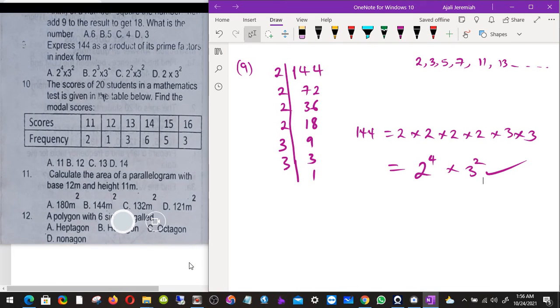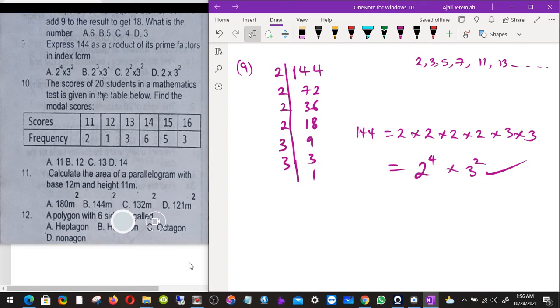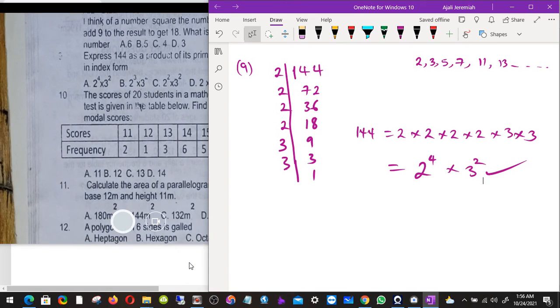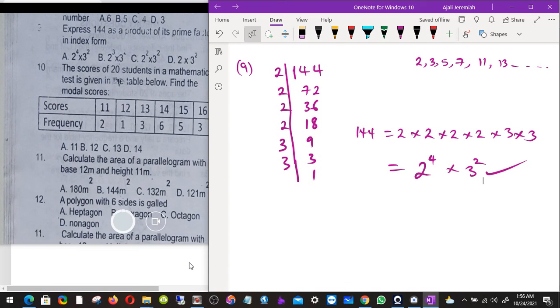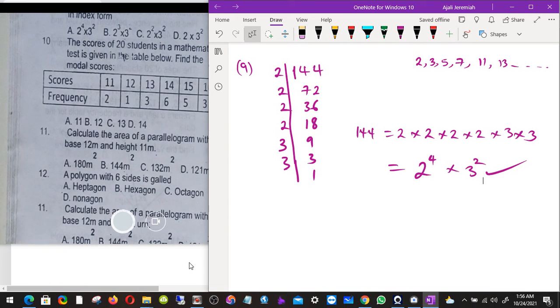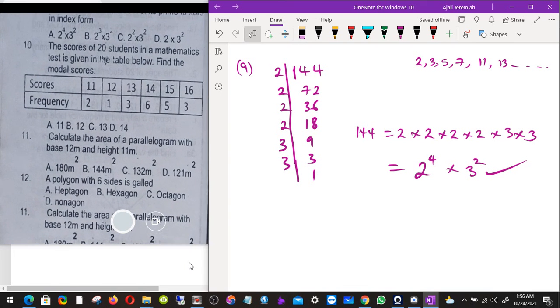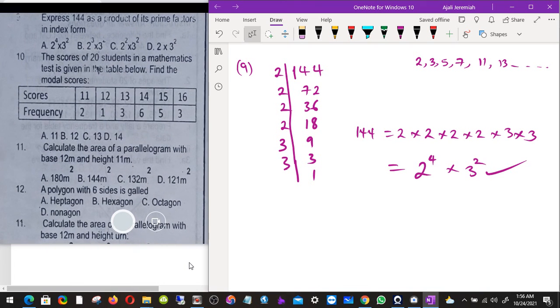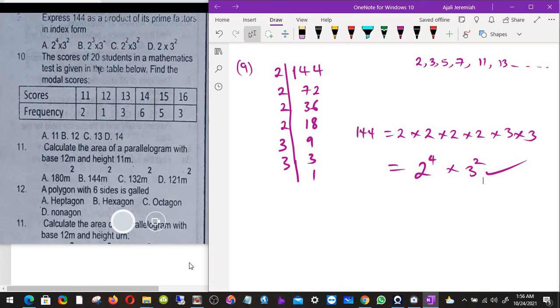Number 10 is saying, let me see this, get it better. Okay, I think it's better now for me.